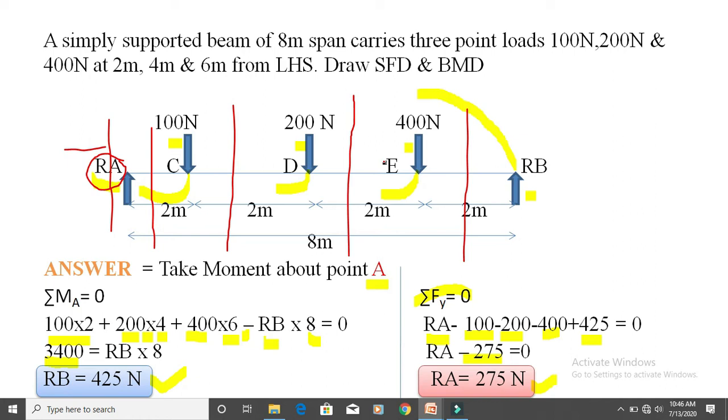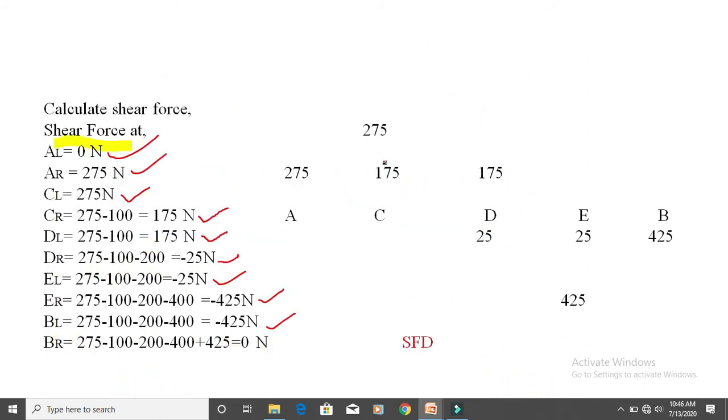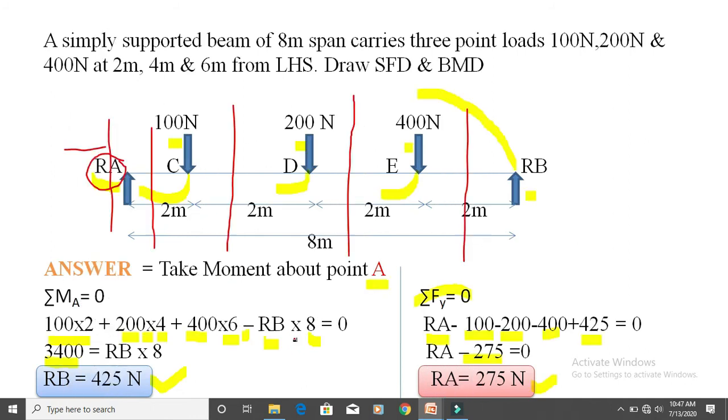It is plus RA, that is plus 275 minus 100 minus 200 minus 400, which gives minus 425 Newton. The last is B of right. B of right is equal to 275 minus 100 minus 200 minus 400 plus 425, equal to 0 Newton. It means this line is now drawn right to the B. You should draw the line here.